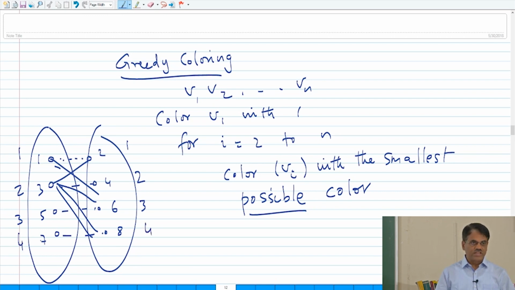So, if the graph has 10,000 vertices on each side, I will use some 10,000 colors, whereas 2 is sufficient, right. So, not only is this not optimal, this is so far away from the optimum. Okay. So, that is the measure. We want to see how far away from the optimum.